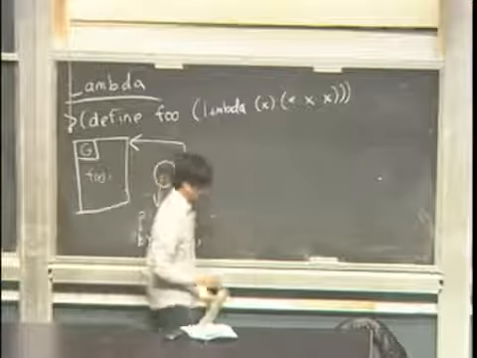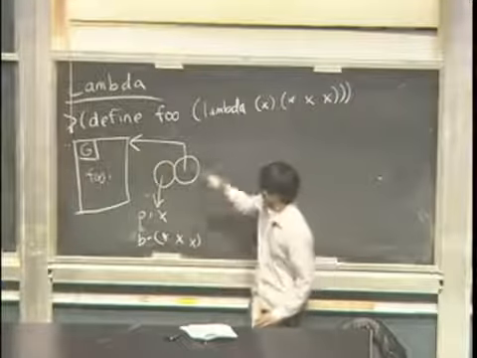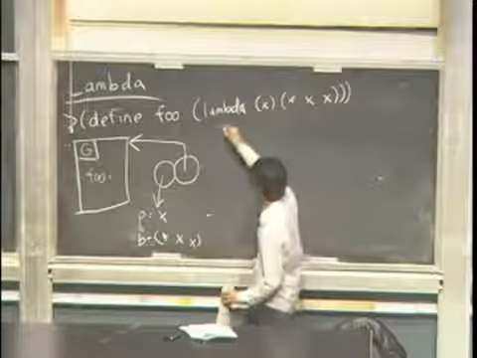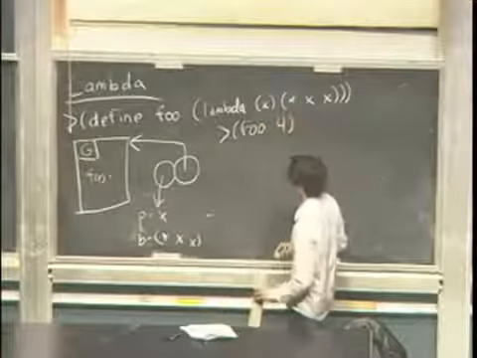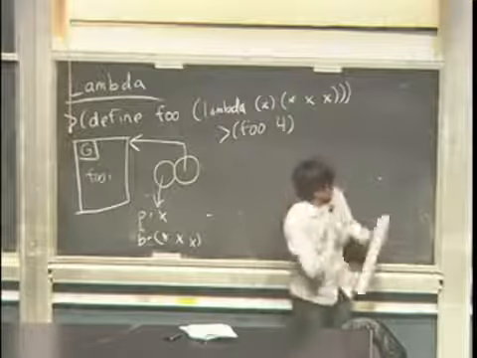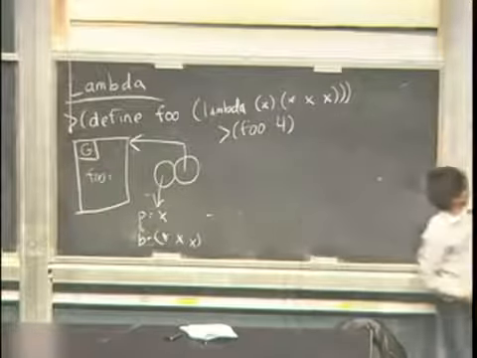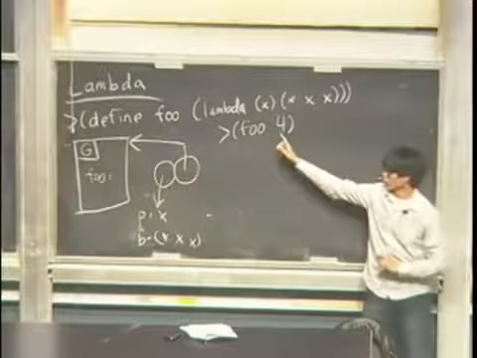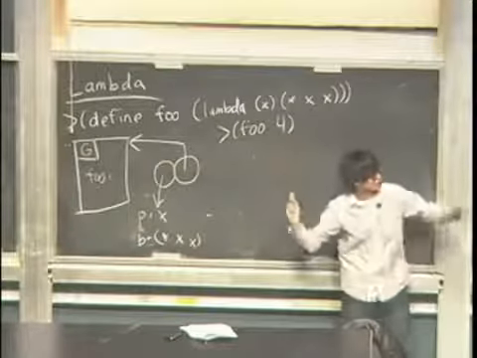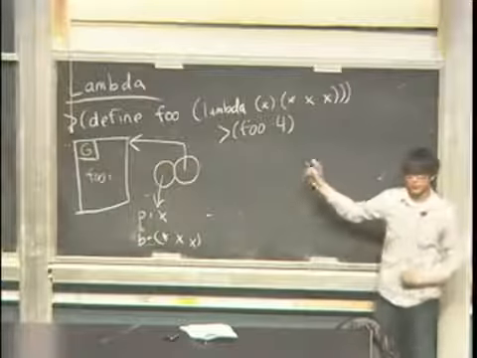But anyways, let's say we actually invoke foo now. We say foo of 4, a nice number. Let's refer back to these rules. So remember, we're in the environment model. If we're evaluating this function call, we evaluate the sub-expressions, easy. Then we apply the procedure to the arguments.